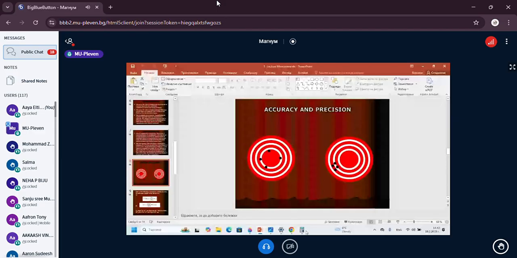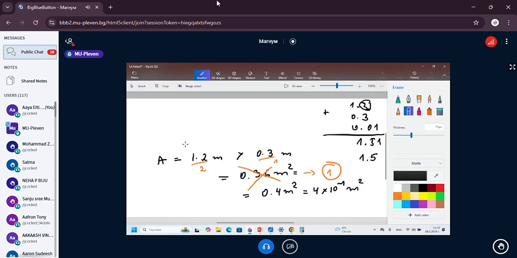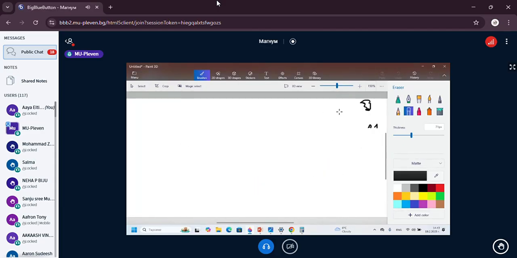So accuracy refers to the closeness of a measurement to the true or accepted value for the specific physical quantity. And there is a way to evaluate accuracy. Accuracy is evaluated in two ways. What are they? In terms of absolute error and in terms of relative error.